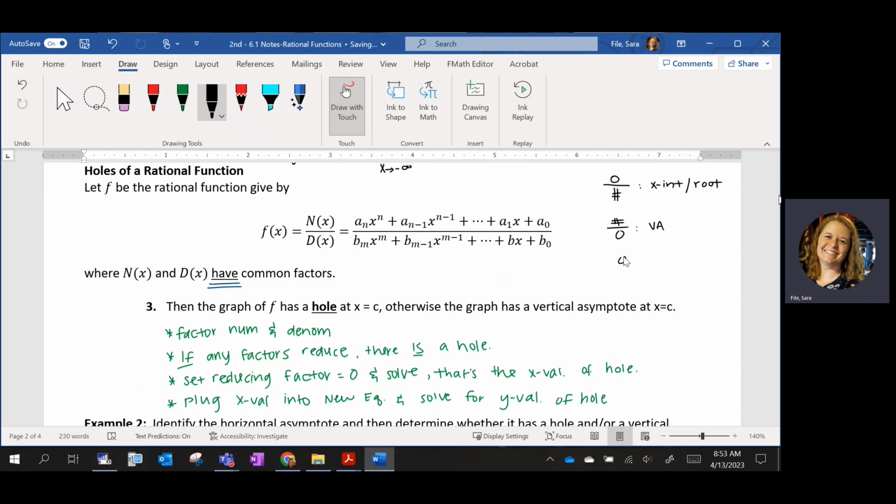But what we're saying now is if it's a number that you plug in and it makes both the numerator and the denominator 0, that's a hole. Does that make sense? So if it makes the denominator 0, it's going to be either a vertical asymptote or a hole. How you decide is, does it also make the numerator 0 or not?